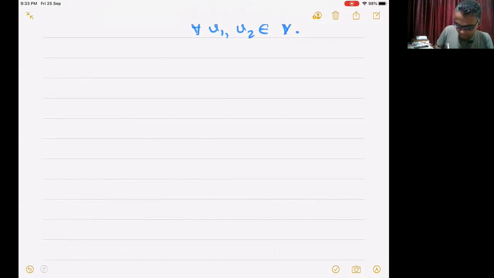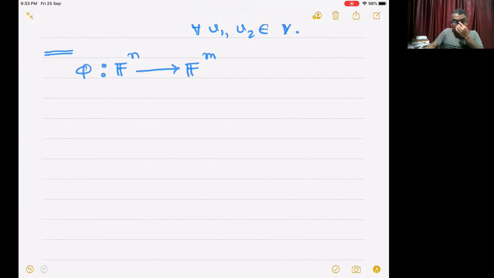Let us first look at linear maps between not those abstract vector spaces, but the manifest vector spaces that we understand much more clearly, namely F to the power n and F to the power m, and I want a linear map from here to here. How does this linear map really look like? Elements here are n tuples, alpha 1, alpha 2, up to alpha n.